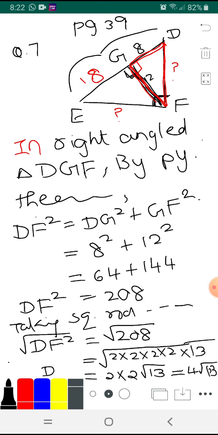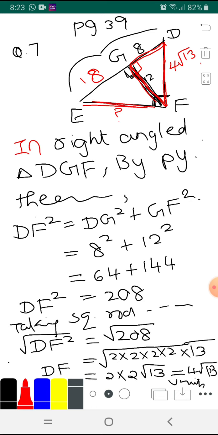So we are getting DF is equal to 4 root 13 units. Okay, so we have found DF now. Again I repeat, what is the answer for DF? 4 root 13 units. Okay, now we have to find out EF.